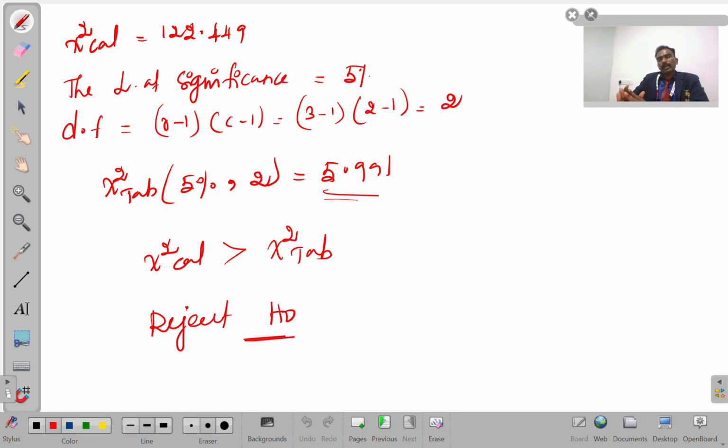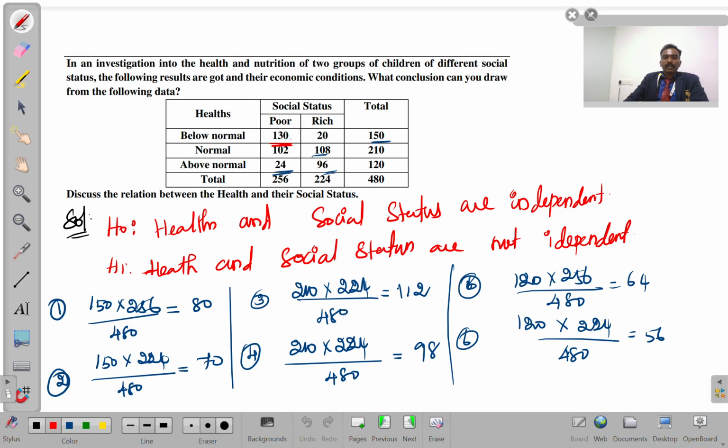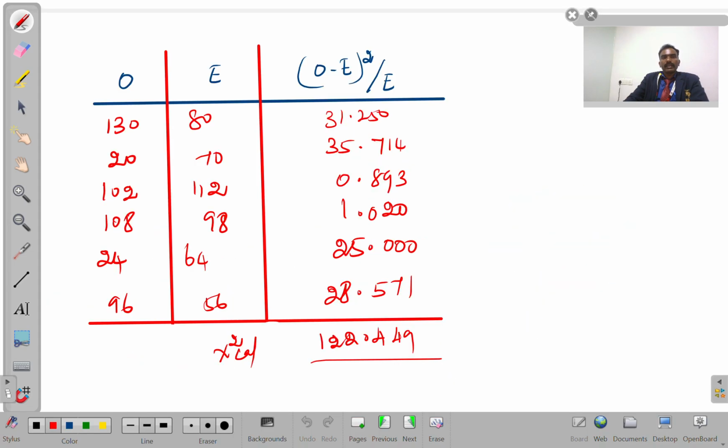Likewise, whatever the problem given, first check which test we can use for solving it. If it is testing the independence of two groups of people or two categorical data, then you can choose the chi-square test to analyze the given data. First define H naught and H1, then find the expected values if not given.